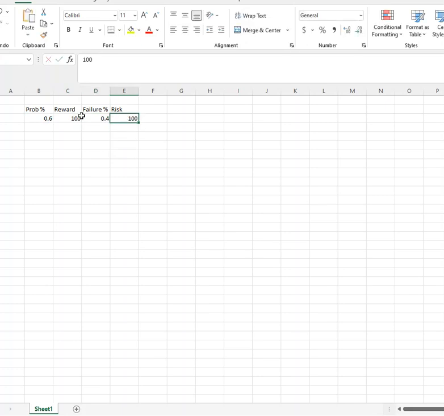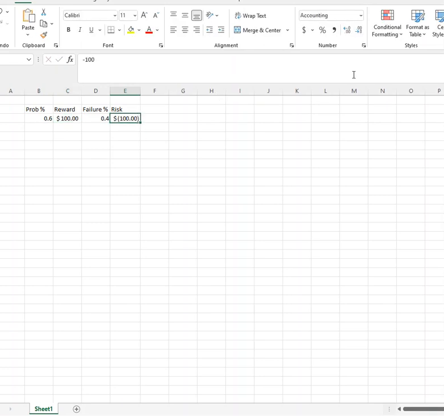And let's say I'm risking, that should work. And this is going to be TE for trader's equation. So probability of success times the reward minus the probability of failure times the risk.